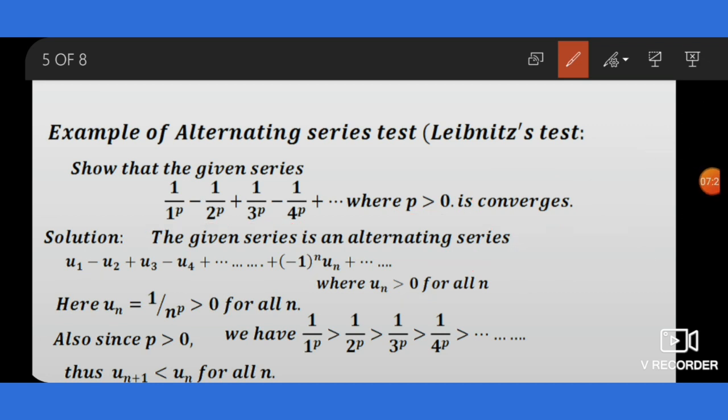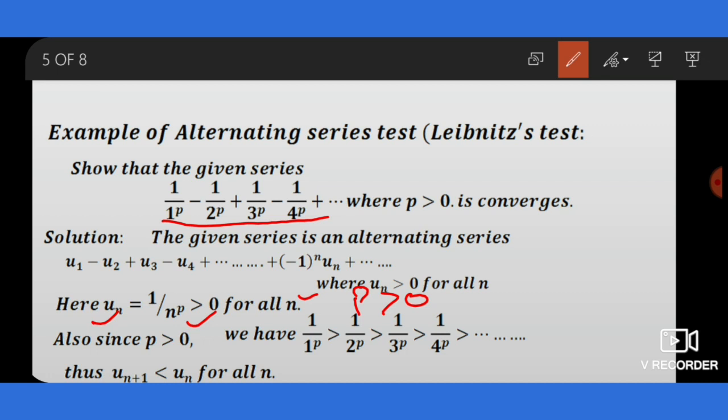First we take the nth term of the given series. Here un equals 1 upon n to the power p, which is greater than 0 for all n because p is greater than 0.